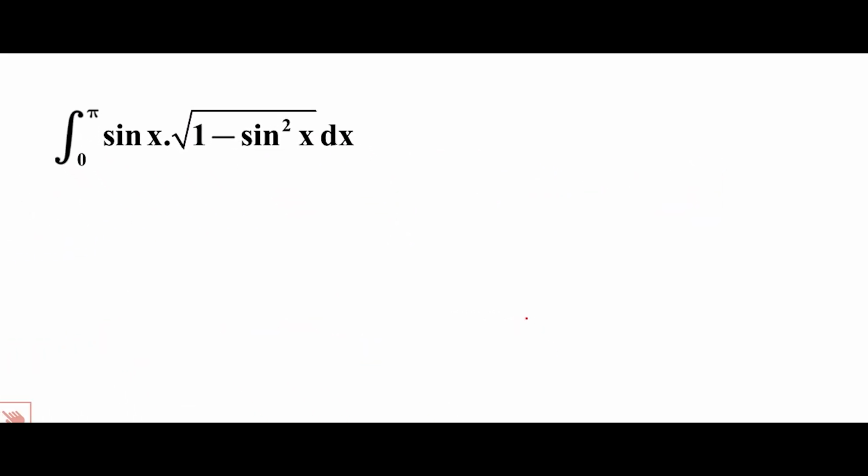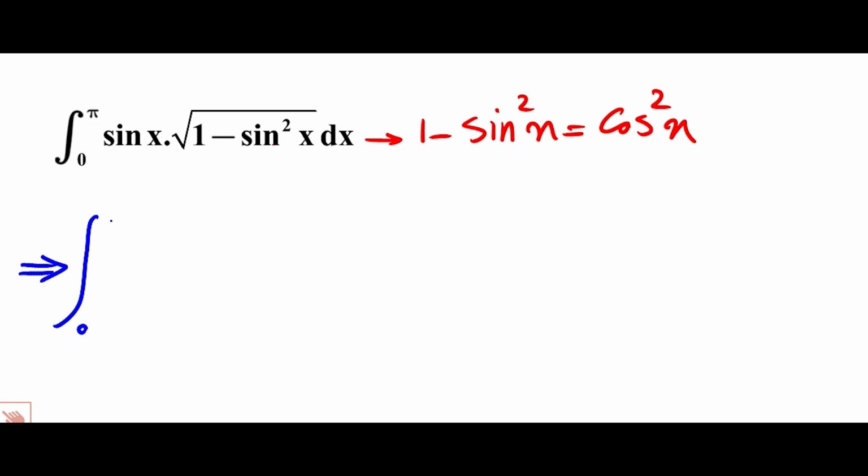Number 2, the integral of sine of x times the square root of 1 minus sine squared x dx from 0 to pi. As you know, 1 minus sine squared x equals cosine squared x, right? So the integral becomes the integral from 0 to pi of sine of x times the absolute value of cosine of x dx, because the square root of cosine squared x is the absolute value of cosine of x.